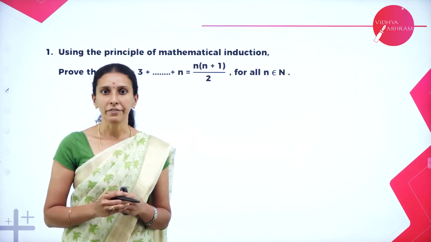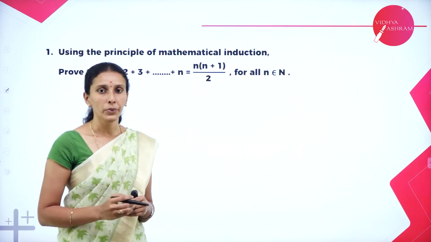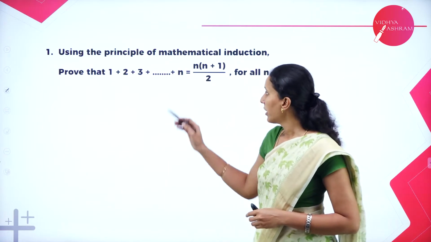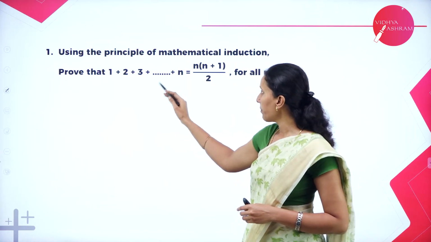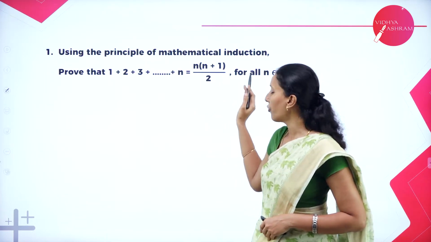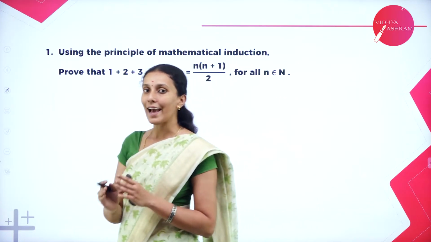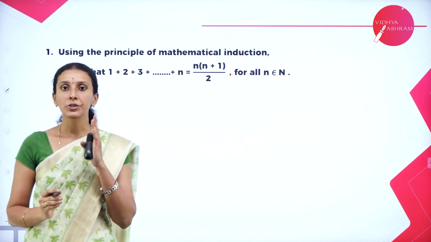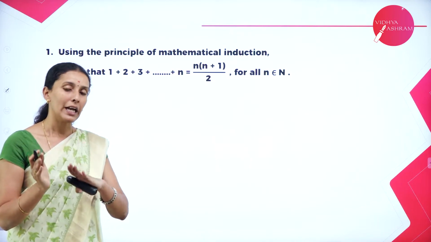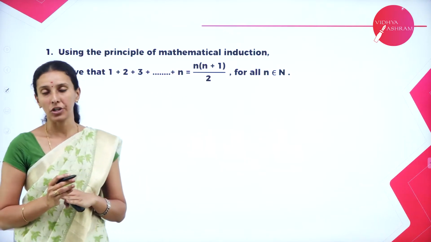Here the first question we have: prove by the method of mathematical induction that 1 plus 2 plus 3 plus etc. plus n is equal to n into n plus 1 by 2 for all n belonging to natural numbers. I said n is purely for positive integers, which can also be treated as natural numbers.